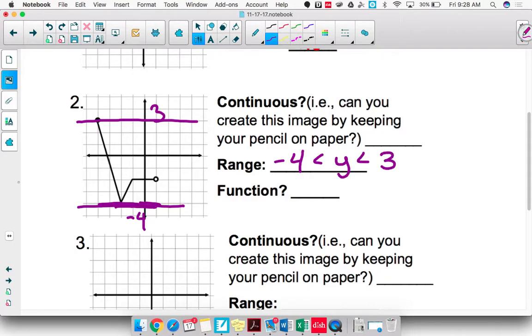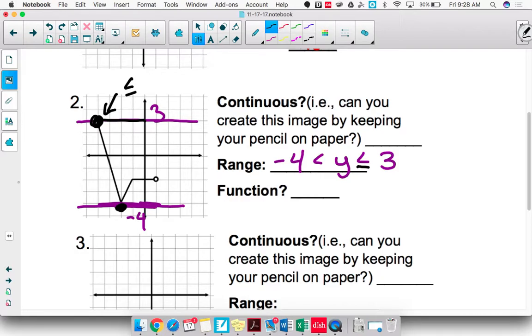And if you look at the top of the graph, again, we're not looking at the middle of the graph. We're looking at the top and bottom. On the top and bottom, this is a closed circle. So that means we're going to use a less than or equal to on the top number. Okay? At -4, again, this is not open. It's technically closed, even though they didn't put a dot there.